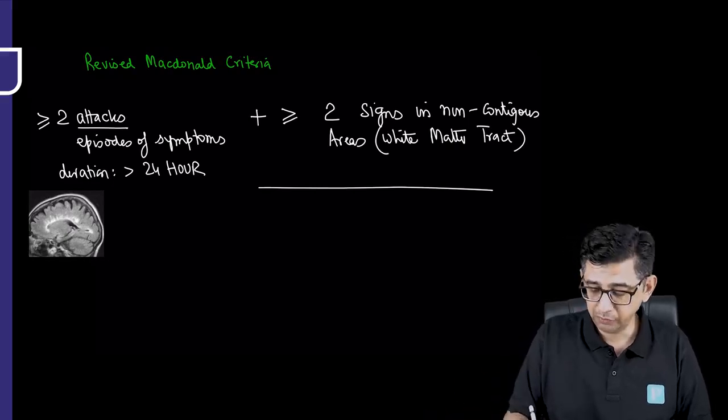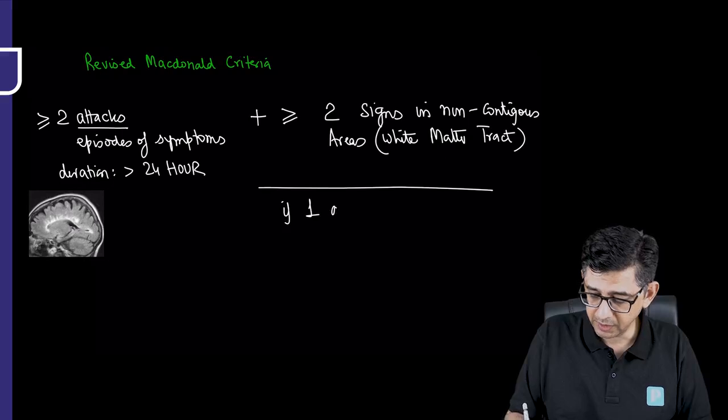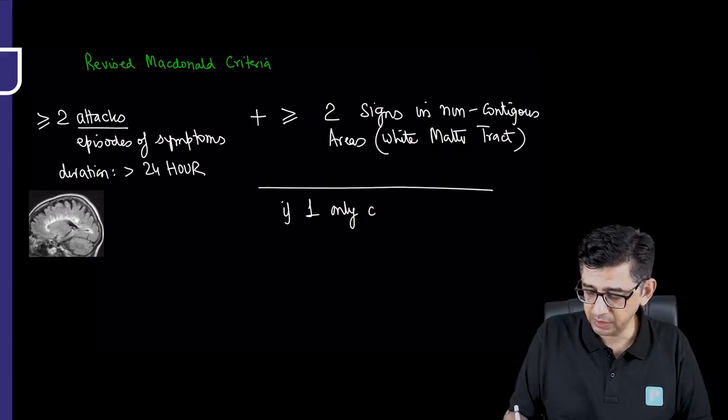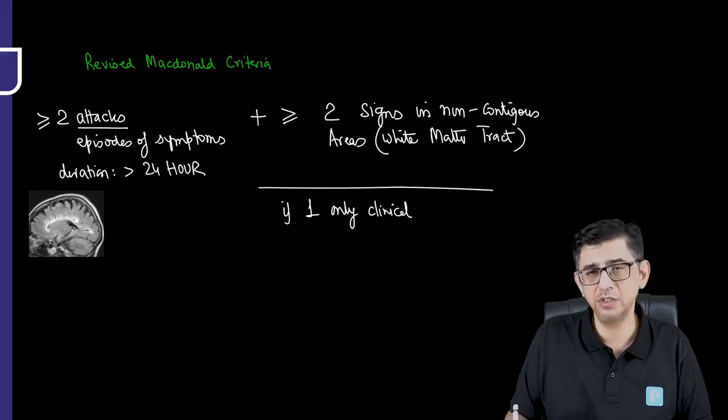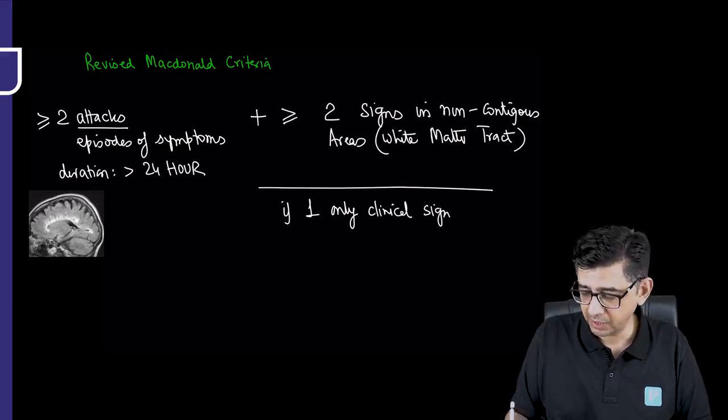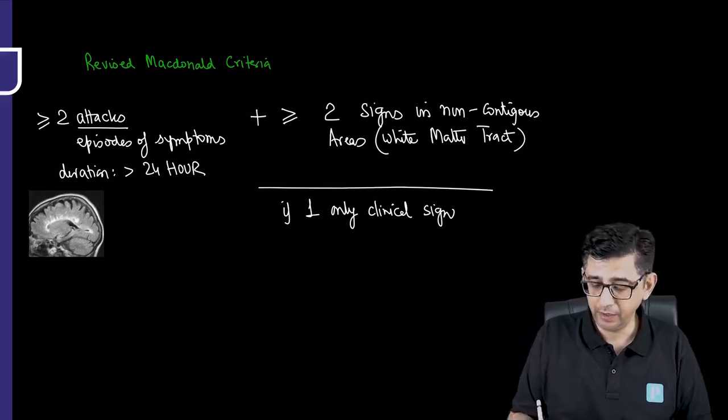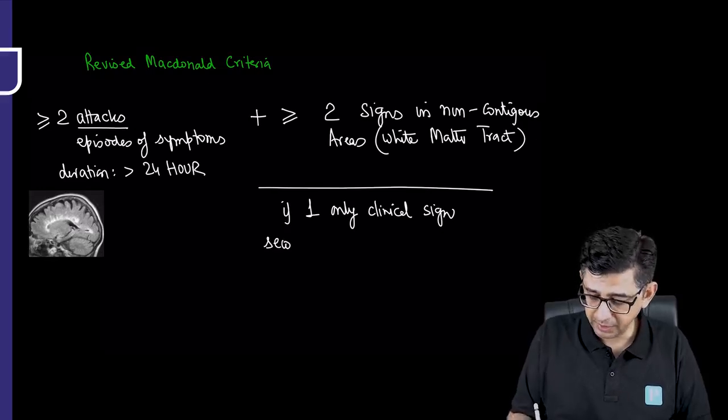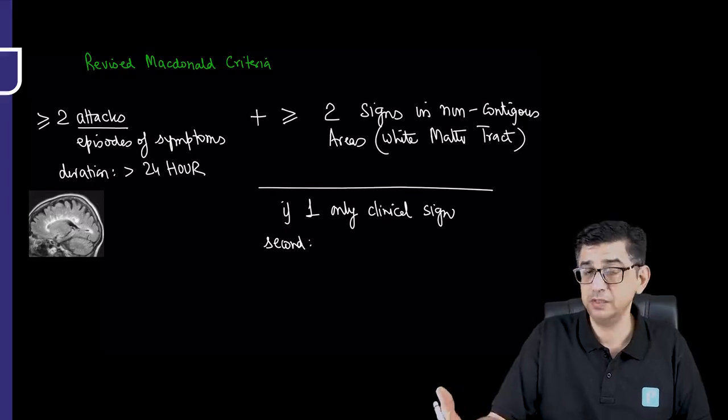But what happens if only 1 clinical sign is elicited? By only 1 clinical sign, I mean that the person might be having extensor plantars or Babinski sign that is elicitable. Then for the second clinical sign, like I said, 2 clinical signs appreciated in 2 non-contiguous areas, cool.